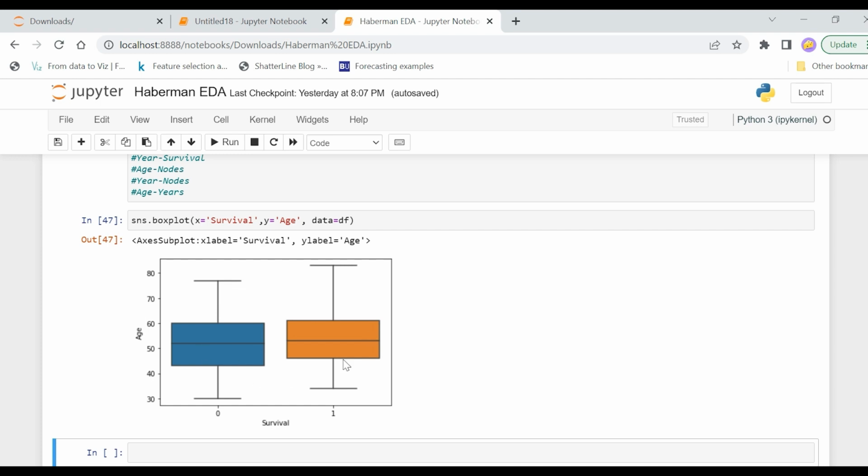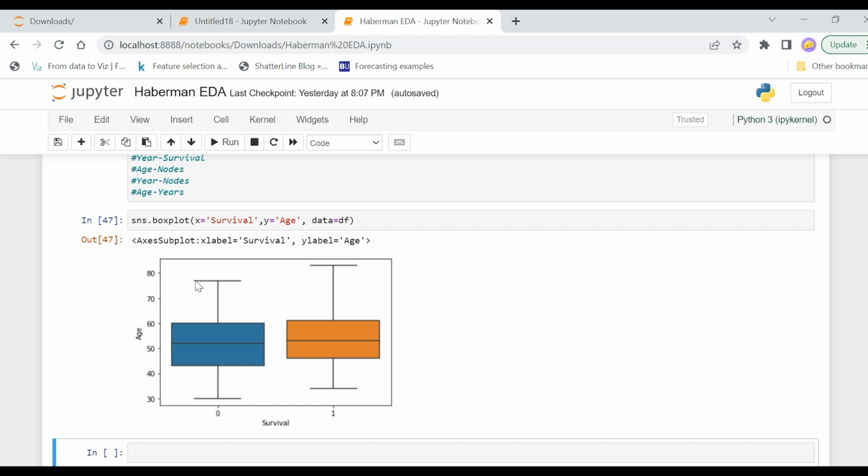It gives me a hint that people of higher age tend to die. This is the 25 percentile, 50 percentile, and 75 percentile.